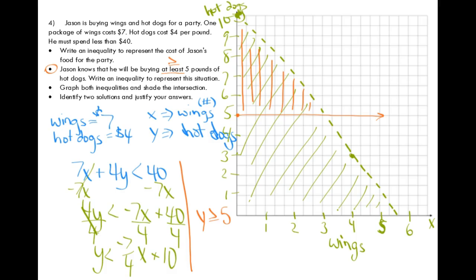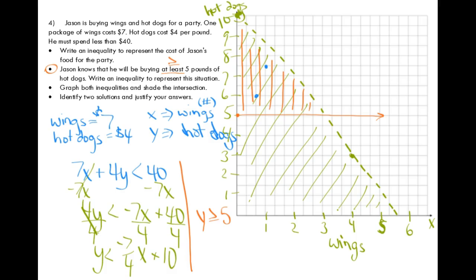And we have this little triangle area that satisfies both scenarios of at least 5 hot dogs and that it costs less than $40. So the last thing it says is identify 2 solutions and justify your answers. So we're going to pick a scenario here. Maybe right here and right here.